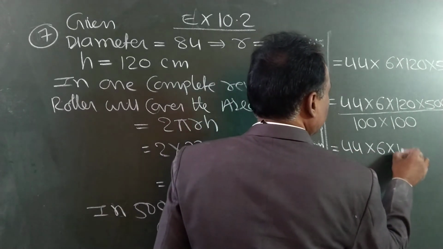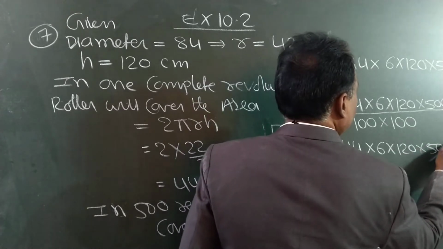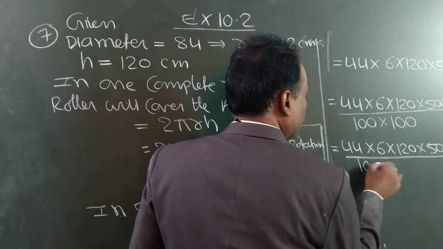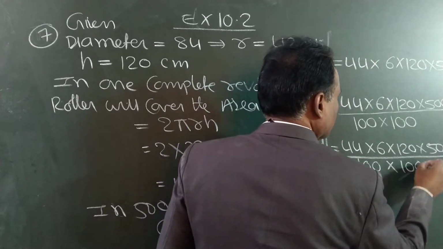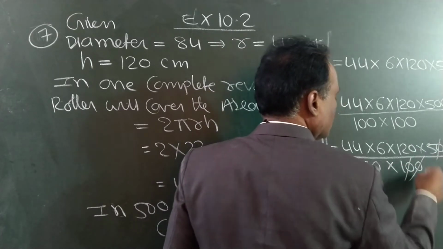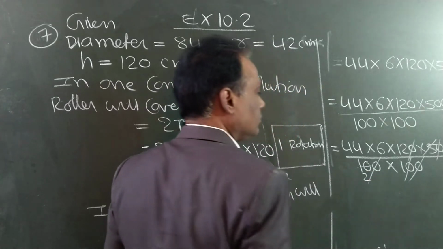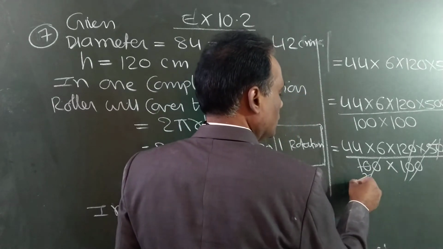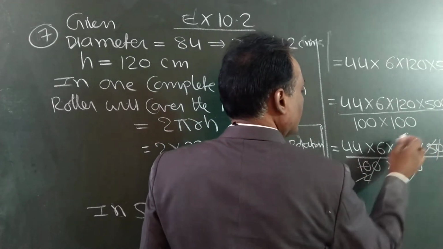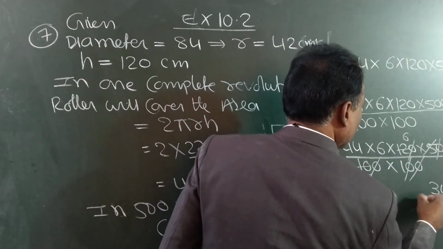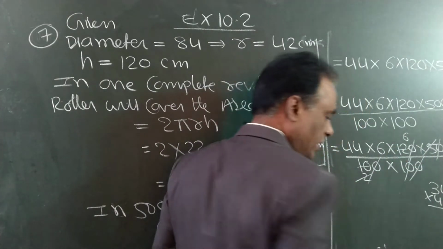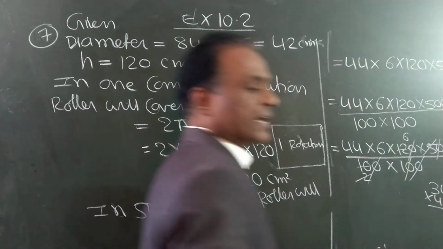Once again I am writing. Five ones are 5, 5 twos are... 6 sixes are 36, into 44. Students, do it and get the answer.